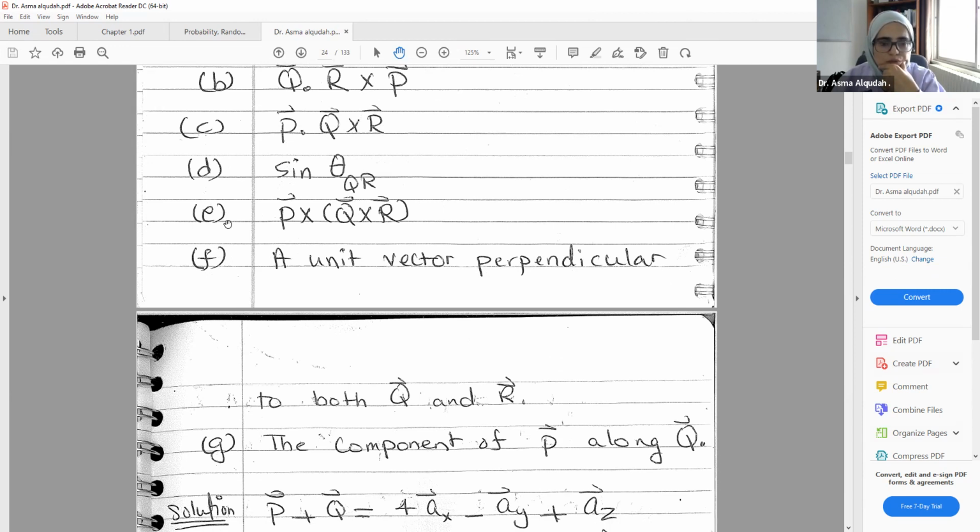Now let's move to part E, which asks for the vector triple product between the three vectors, P cross Q cross R. Okay, so let's go to the whiteboard.